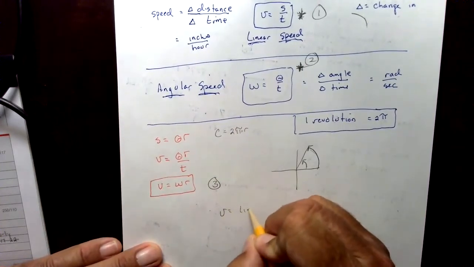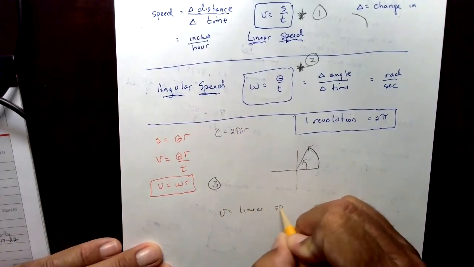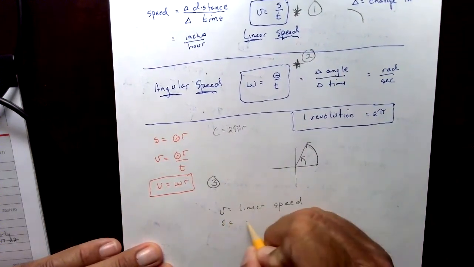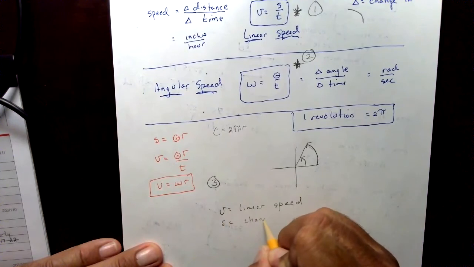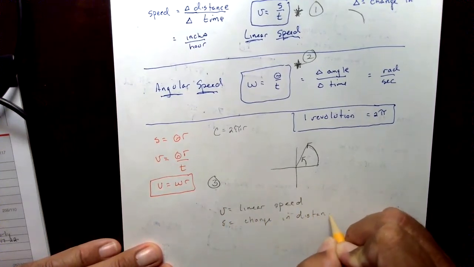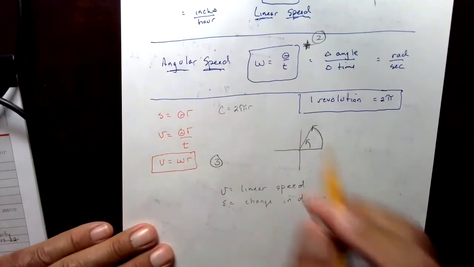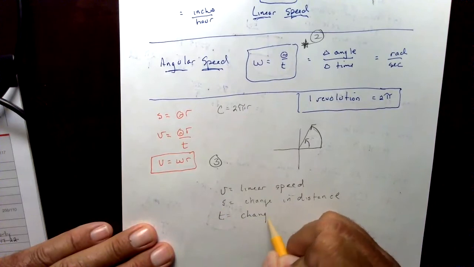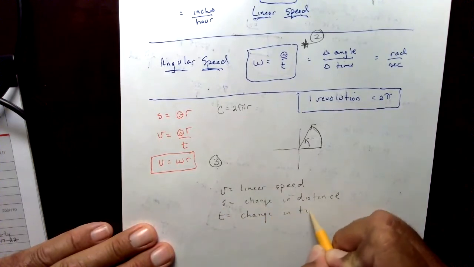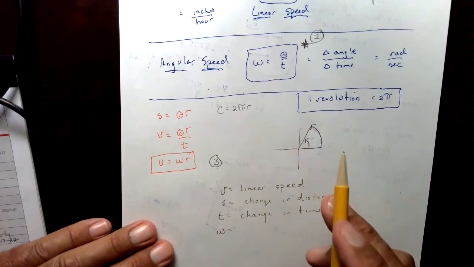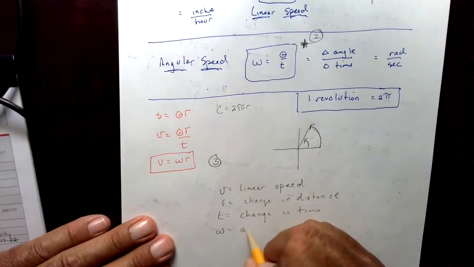V, linear speed. S, change in distance. T, change in time. W was my angular speed.